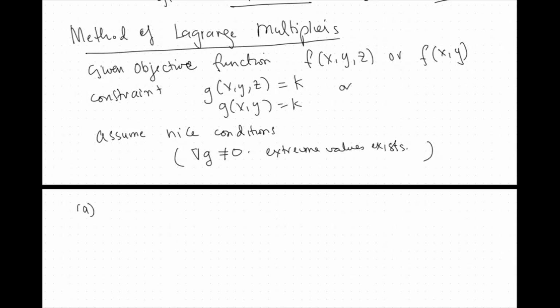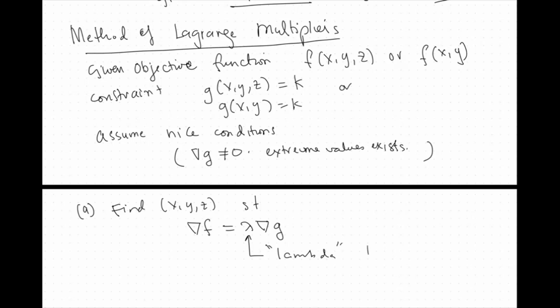First, you have to find the x, y, z such that your del f is equal to lambda times the gradient of g. Here, this is our lambda, the Lagrange multiplier.